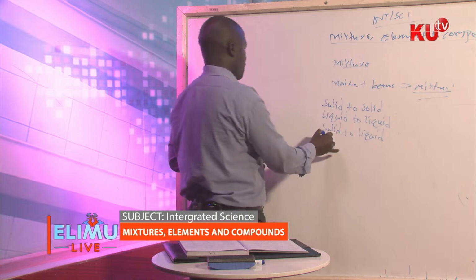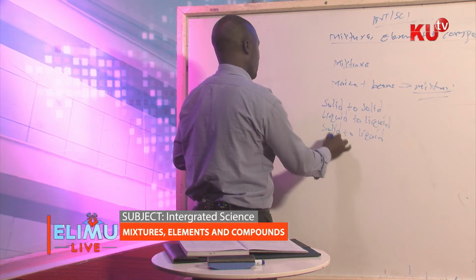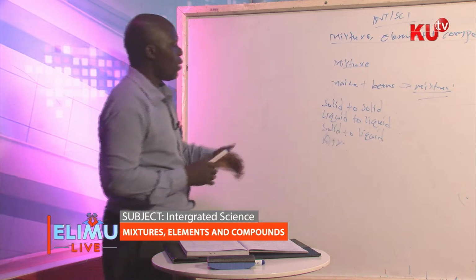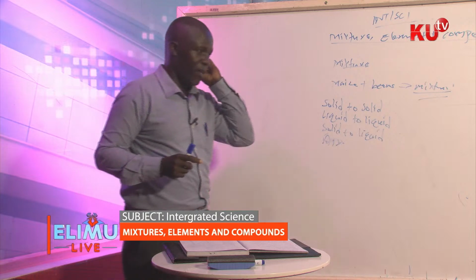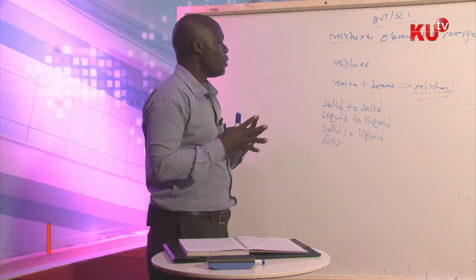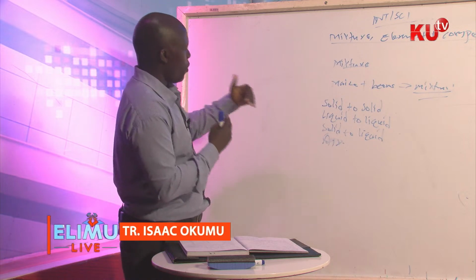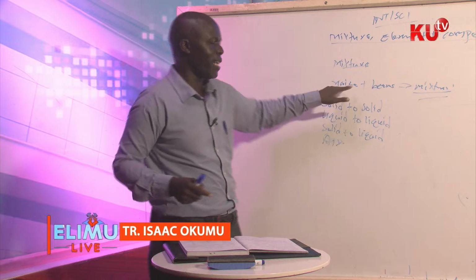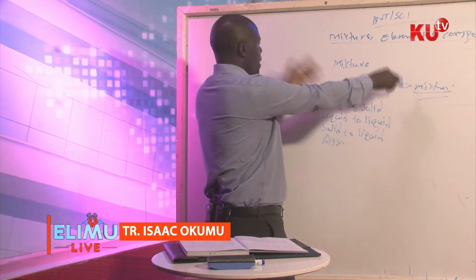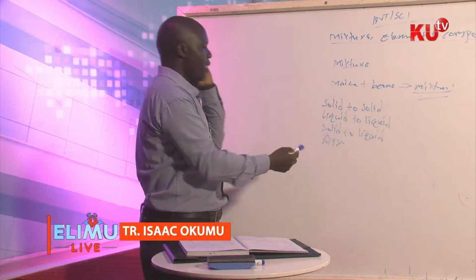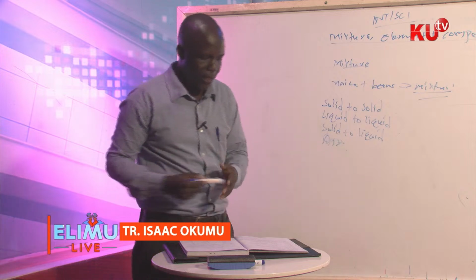Then we can also have air, which is also a mixture. I want to talk about the solid to solid mixture. This is whereby we take a solid and a solid. For example, the example I've given here, where we have maize and beans mixed together, we get a mixture. That mixture is solid to solid because the two substances are solid as a state of matter.